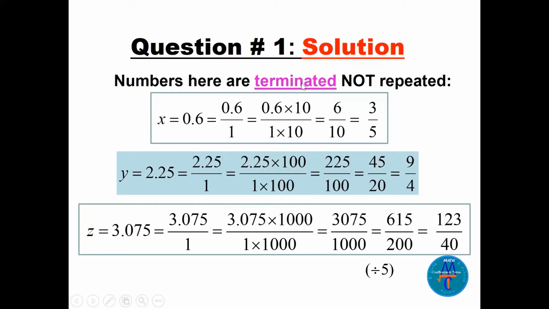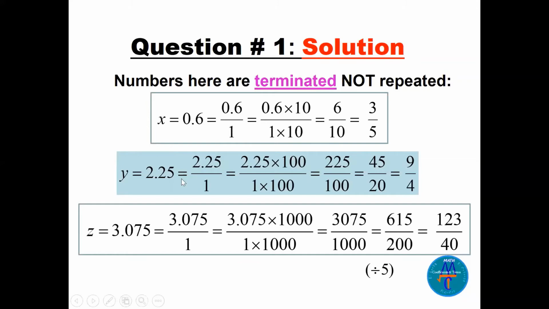You can see that here, because 0.6 is the same as 0.6 over 1. This is the simple example. Now multiply by 10 up and down. So 0.6 times 10 is 6, and then over 10. Divide by 2. So 3 over 5 is the fraction. Now if you divide 3 over 5 by normal division or by a calculator, you get 0.6.